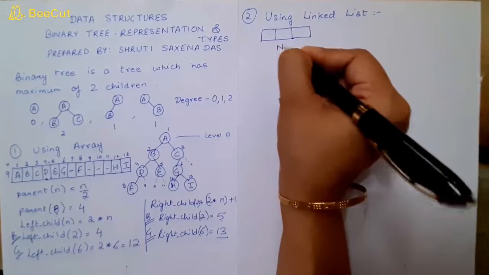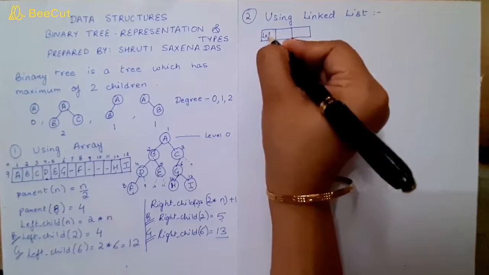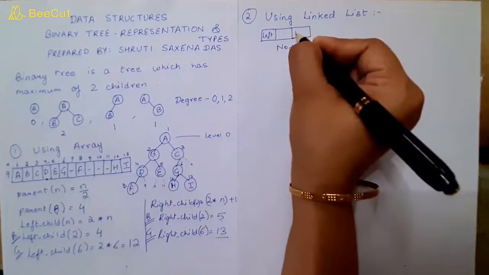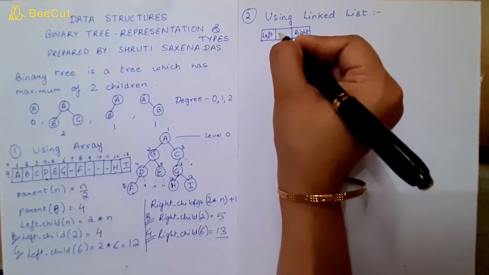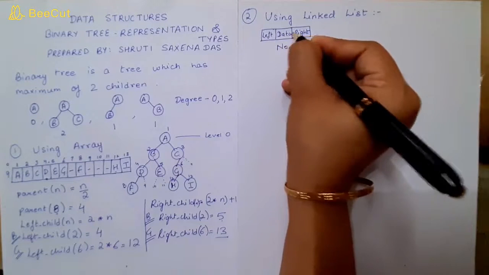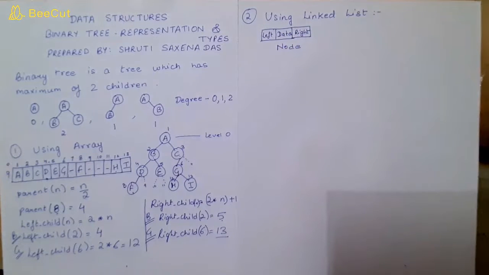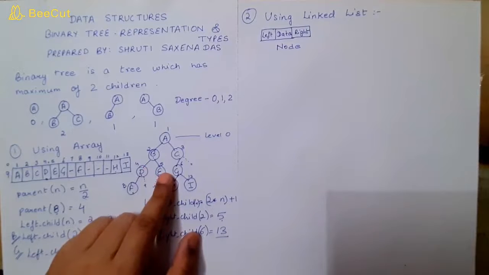Each node must be having 3 fields. The first field must be storing the link to the left child, the third field must be storing the link to the right child, and the middle one must be storing the data field. Okay, so suppose this is the tree which we are using.